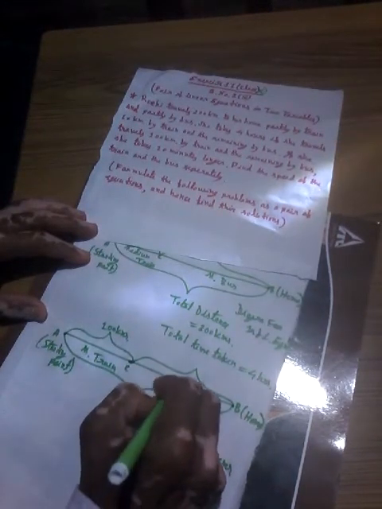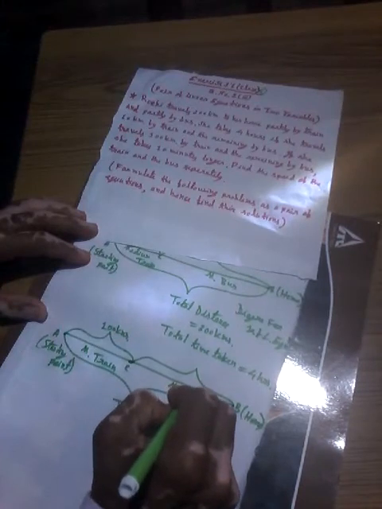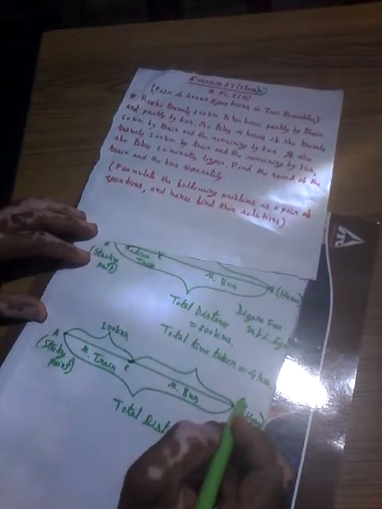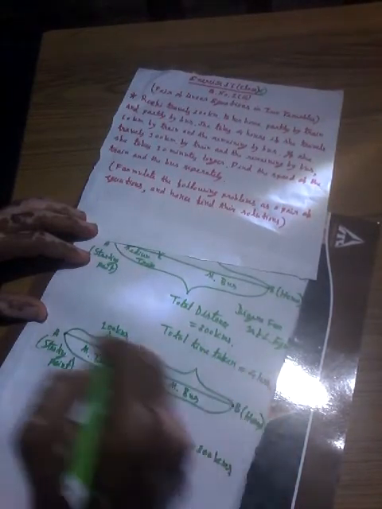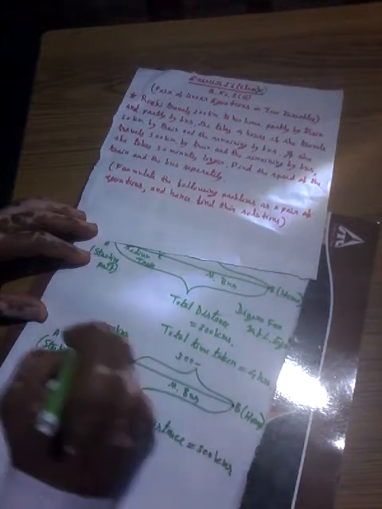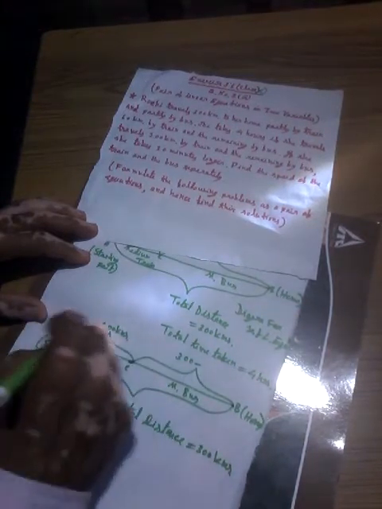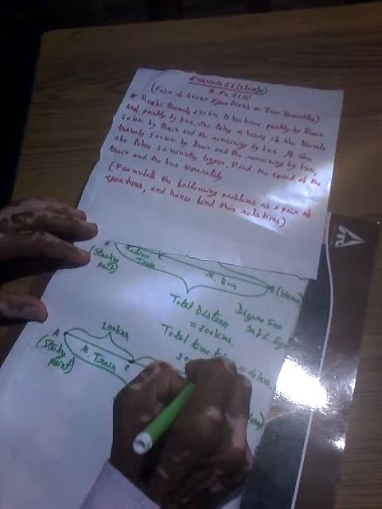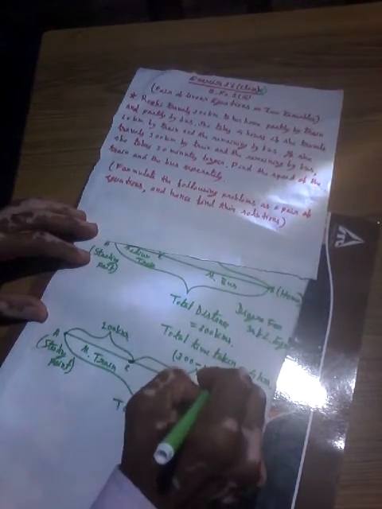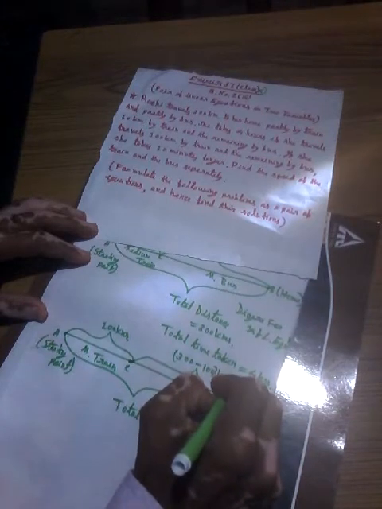This time the medium of transportation is bus, and the distance covered is total distance 300 minus distance already covered 100. If we deduct 100 from 300, we will get 200 kilometers.